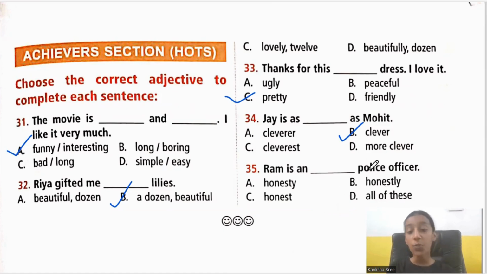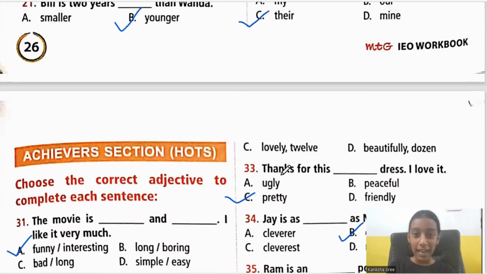Ram is an. So we are not comparing Ram with anyone or among a group of people. It is the first degree of comparison, that is positive degree of comparison. So Ram is an honest police officer. When you're not comparing with anyone, it's just the positive degree itself. Understood, children? And with this question, we completed the chapter of adjectives.